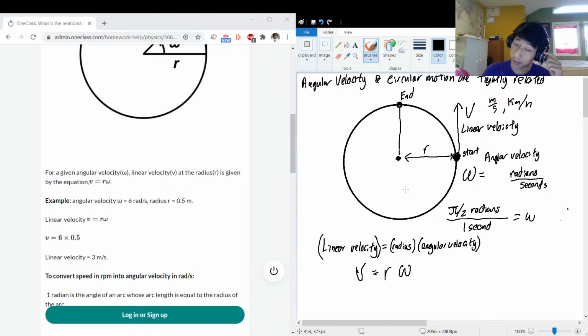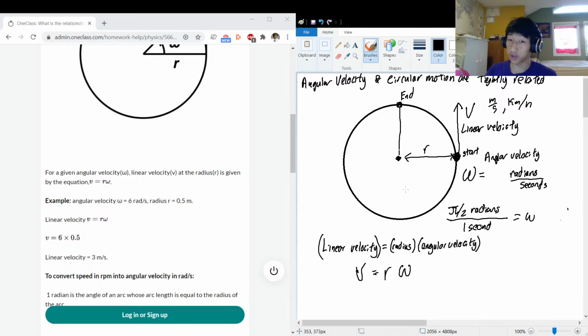Now, if we have the same linear velocity and you have a big loop, let's say the whole Earth, that's a very big r value. If you're driving 10 kilometers per hour, your angular velocity is going to be quite low, because the way that you change your angle along your coordinate chart is going to be quite slow.